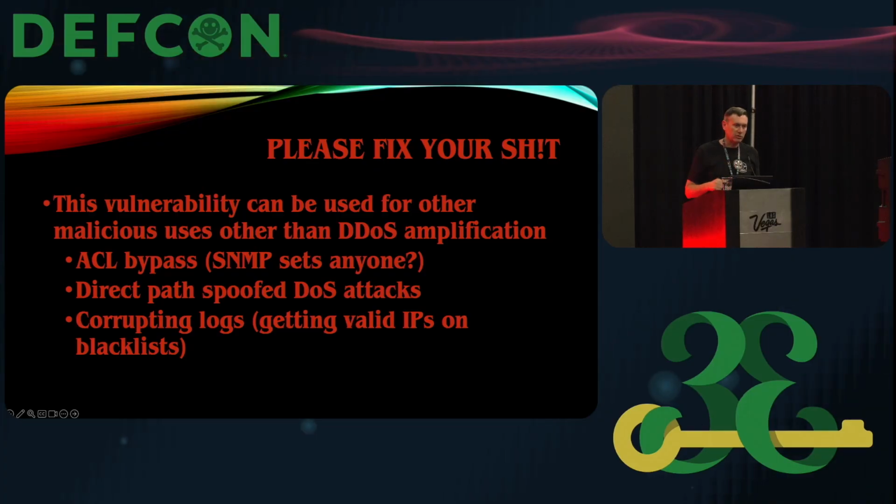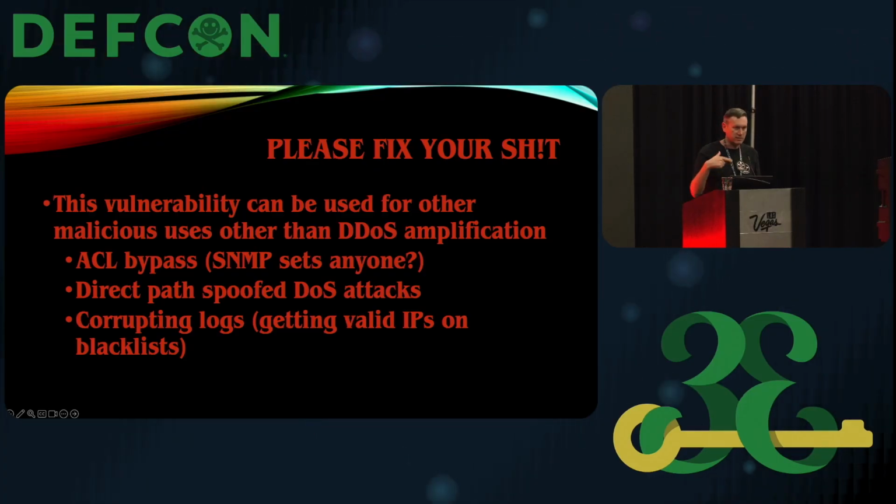But with this tunnel vulnerability, you can put a private IP address in there and get past that ACL. So that's a big issue. I know that there are certain nation states that were doing SNMP sets to do TFTP copies of the config. So that is a serious issue.